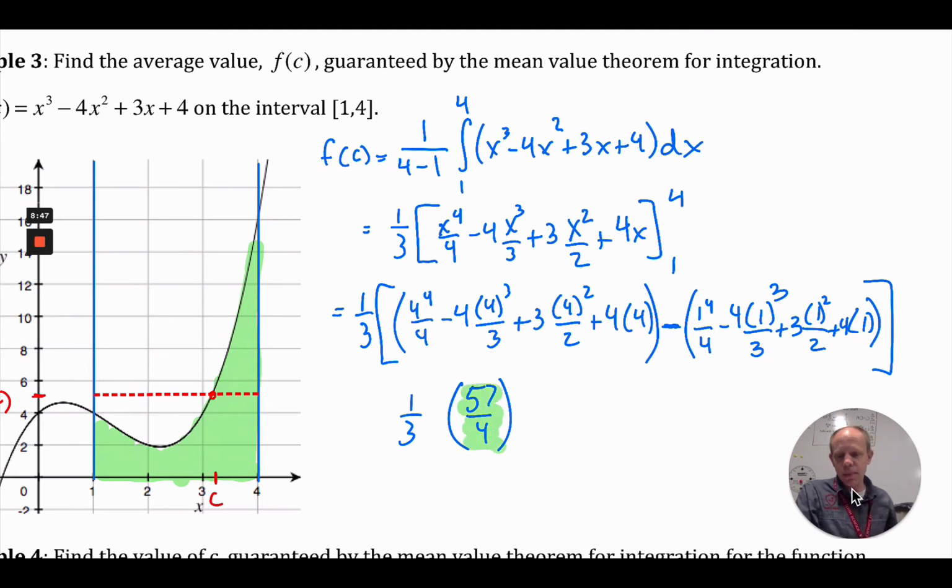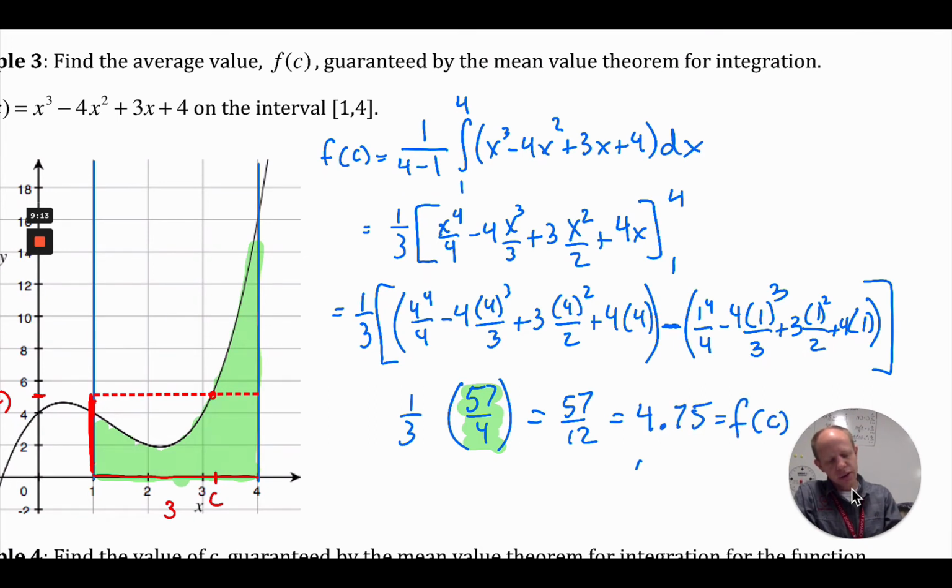And if I divide it by 3, which is the width of the tank right here, because that's that 4 minus 1, it technically should give us the height of the tank right there. And so this 1/3 times 57/4 is really 57/12, which is about 4.75. And that is our average value.